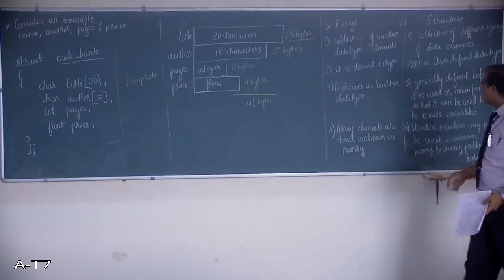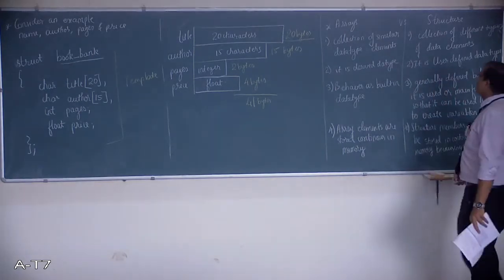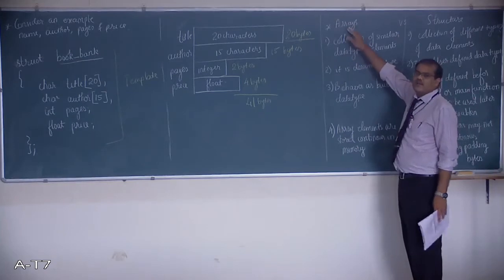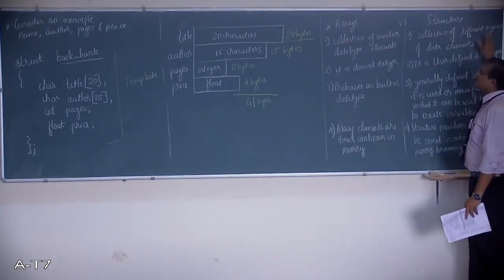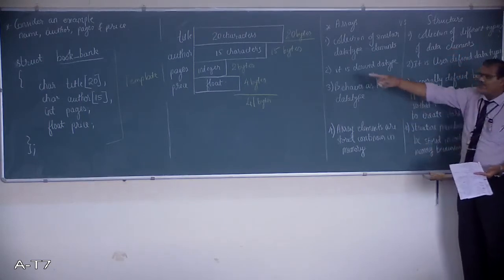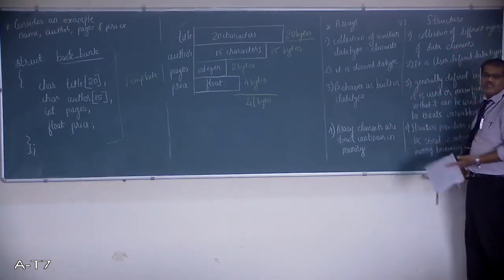Okay, so basically there are four differences. The first one is that obviously the definition of array, it is a collection of similar data types. Here structure, it is a collection of different data types. So here I can have different types of data under a single statement.